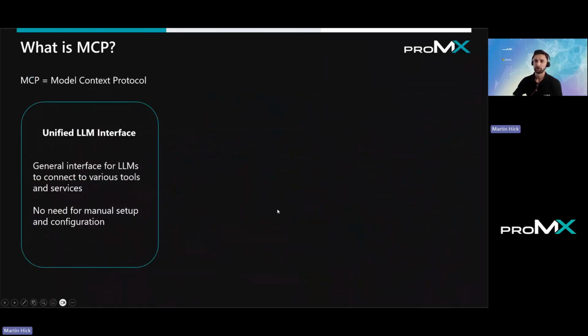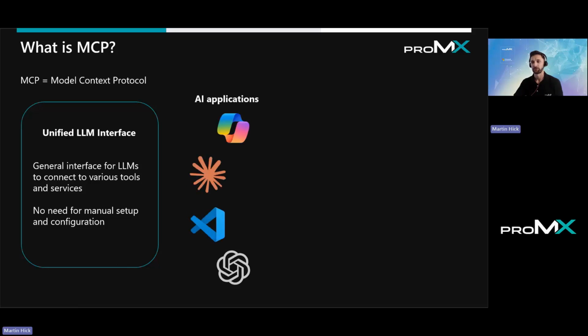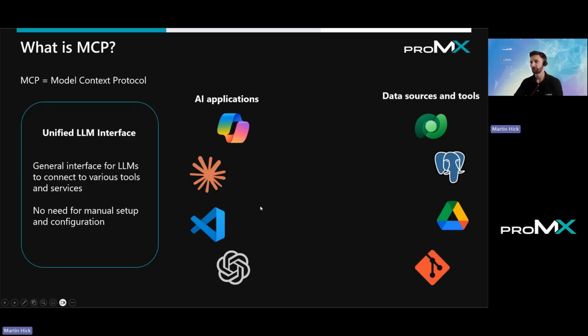So this is where MCP comes in. MCP stands for Model Context Protocol and acts as a unified interface for all LLMs, all those AI applications that we see. So we only have to think about this standardized solution in the end. Like I said, we have AI applications, we have those data sources, and now we have something in the middle. Those AI applications, to access all those data sources and tools, just talk through the MCP.